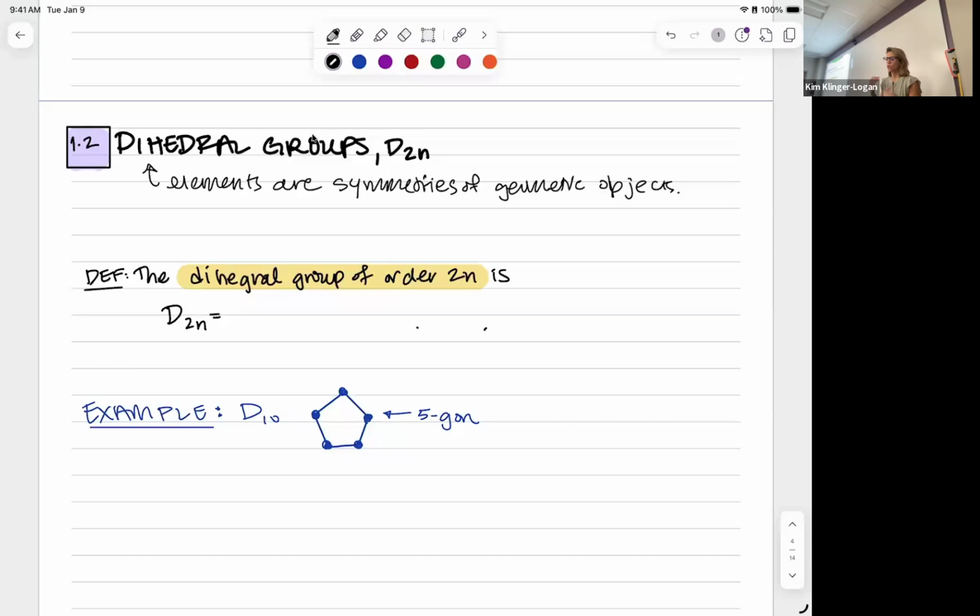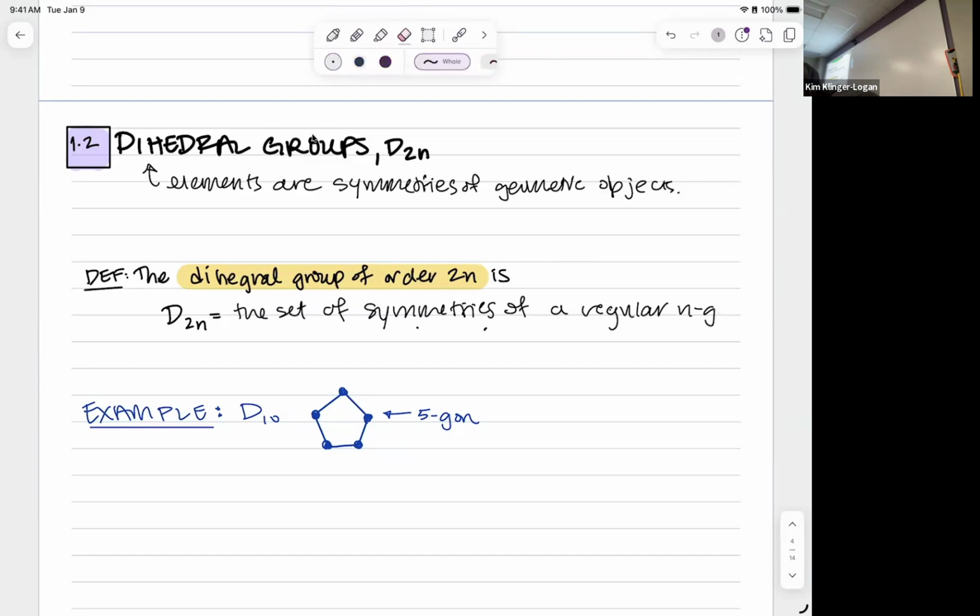And so specifically when I'm talking about D2N, or the dihedral group of order 2N, this is the set of symmetries of a regular n-gon. So what does that mean? Well, an n-gon is just, the n is telling me about the number of sides. Regular is meaning that they're equal length.